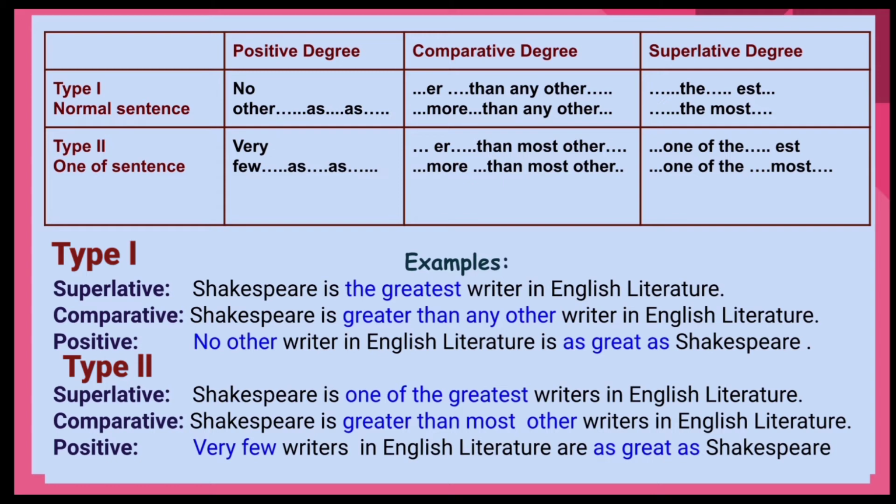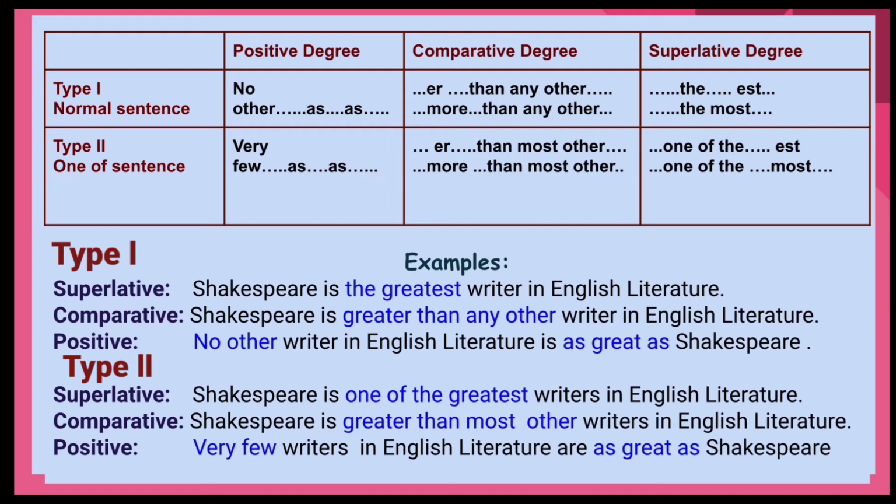So Shakespeare is greater, the comparative form of the greatest, than any other writer in English literature. And in positive degree, we are going to start our sentence with no other. No other what?